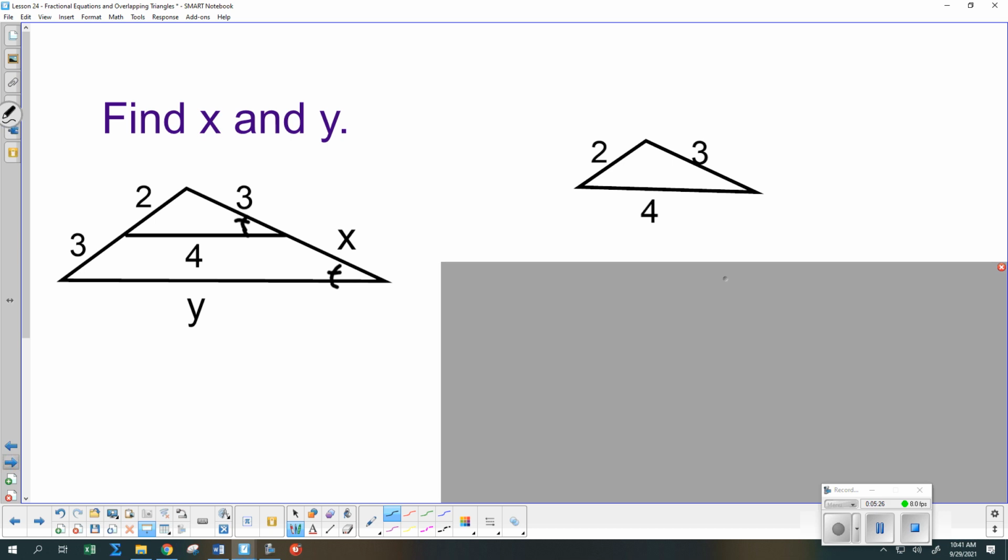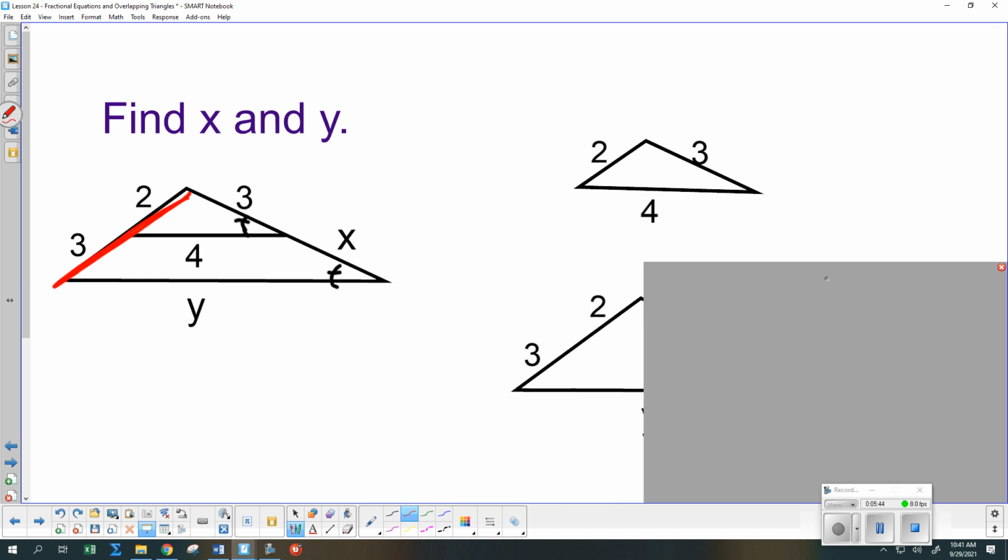So the top one's pretty easy, 2, 3, 4. On the bottom one, or the big one, how long is that whole side? Everybody. It is 5. So the 3 plus the 2 is going to give me a 5 right there.